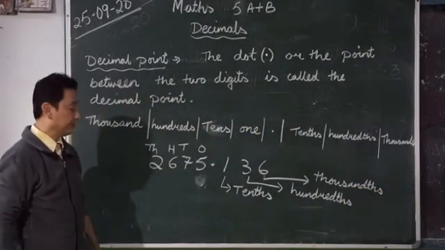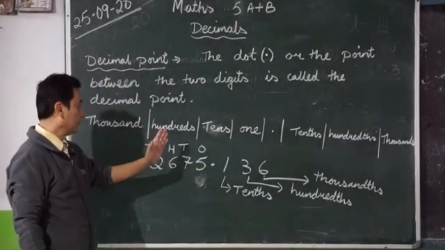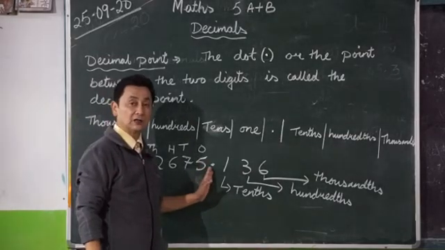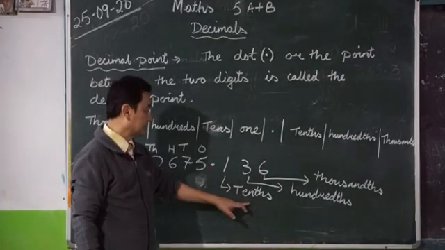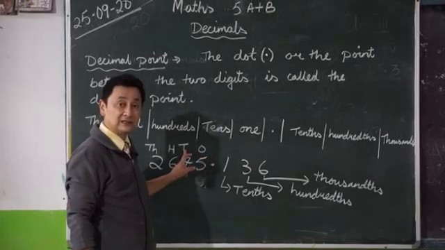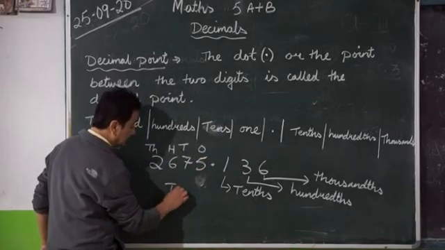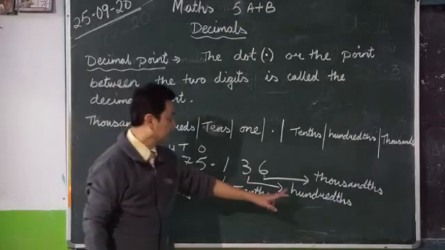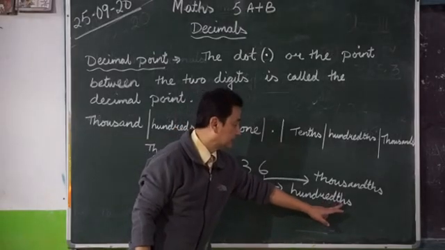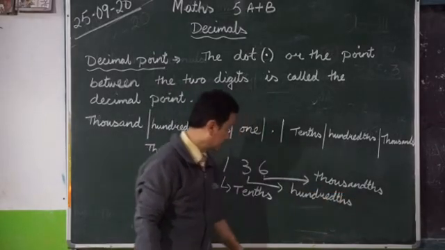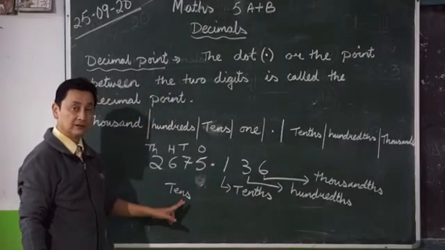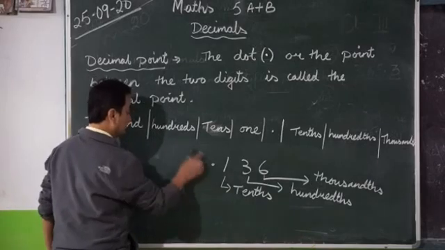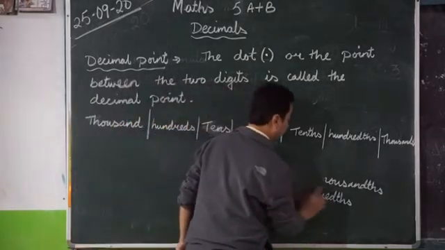So remember, dear children, before the point, we used to do 1, 10, 100, 1,000, but after decimal point, we don't start with 1, we start with tenths. Tens is T-E-N-S, hundreds is H-U-N-D-R-E-D-S, but after the point we have hundredths, thousandths, tenths, T-H-S. Okay, that's the difference between the place value in the whole numbers and the fractions.